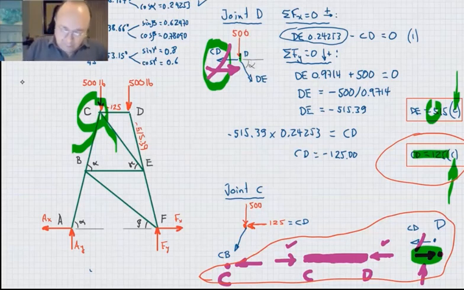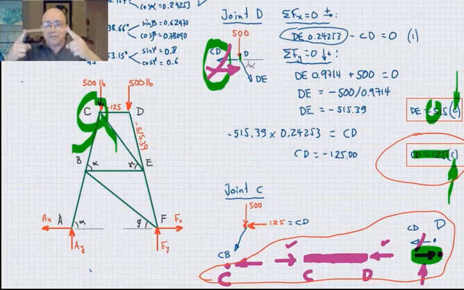Okay, so you're saying that it's in compression at point D and at point C. When you have a bar that is in compression, this bar pushes on this one, and also pushes on the other. When you have a bar in compression, it's compressed at both ends.